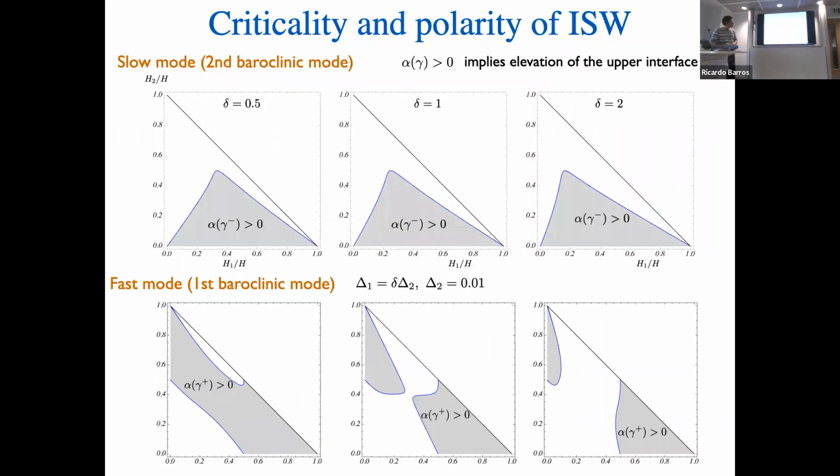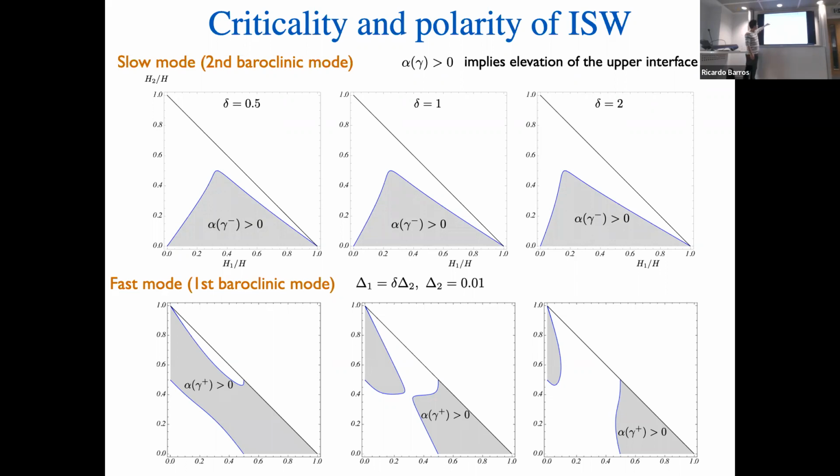So this allows us to represent things in terms of the parameter region. For example, what I have here is the top layer over the total depth, and the intermediate layer over the total depth. So this is my admissible regime. Then what I find is that, for example, here in this shaded region, I have the quadratic nonlinearity coefficient for the KdV being positive, which means a wave of elevation.